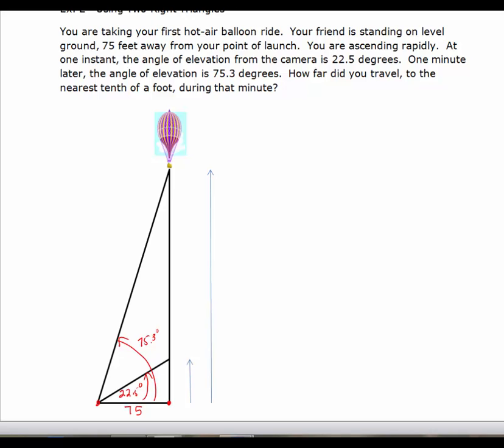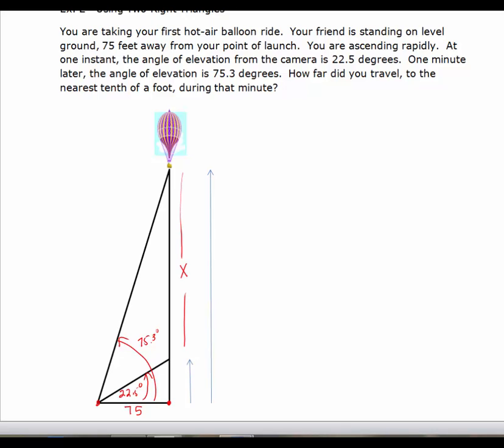So the distance that we're looking for is x. We don't know how far we traveled in that minute from the point where the angle of elevation was 22.5 degrees to the point where it was 75.3.